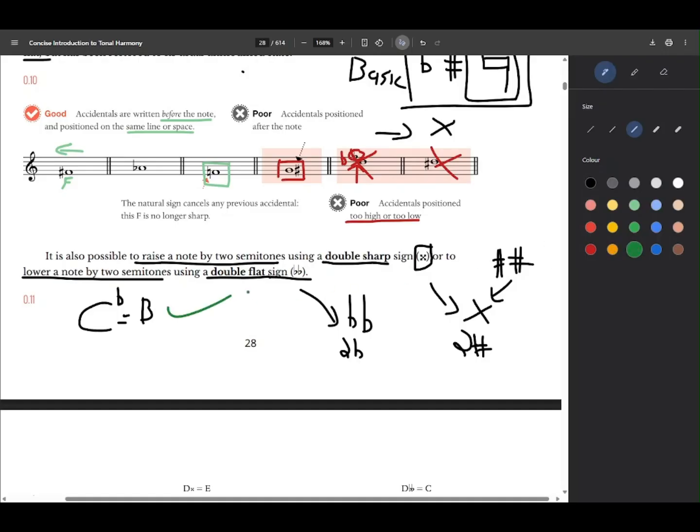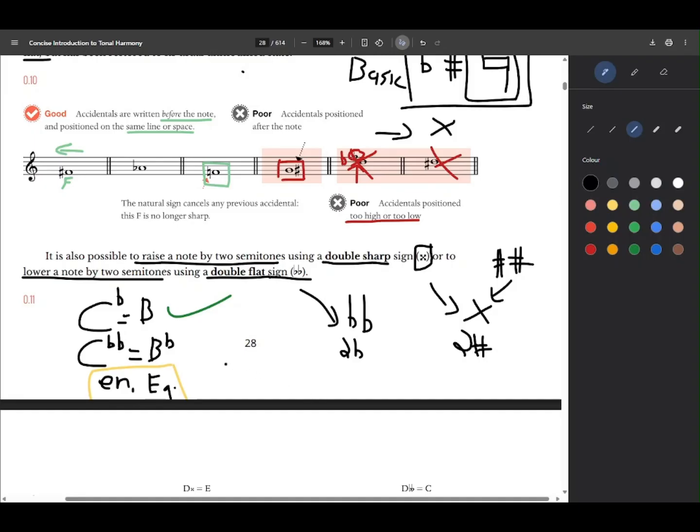C flat is a B. But what about C double flat? We know that C flat is a B. So what happens if we flatten that again? C flat's a B. B flattened gives us a B flat. So these are enharmonically equivalent.